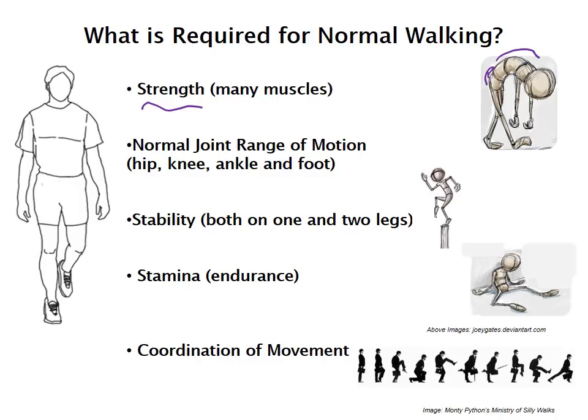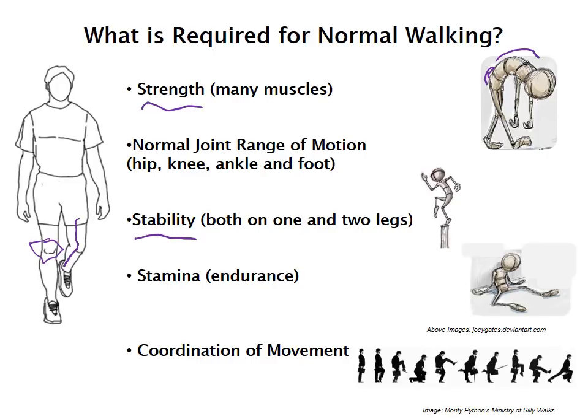Or if we didn't have strength in our gluteal muscles, we might slump over as well. We obviously need a normal range of motion, and it's quite obvious when someone doesn't have enough knee flexion during the swing phase of gait that they have an abnormal gait. Or if they can't flex their knee, they have a stiff knee and therefore have a very inefficient gait as well.